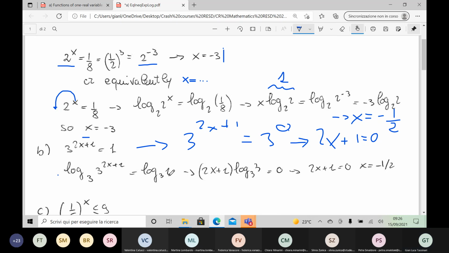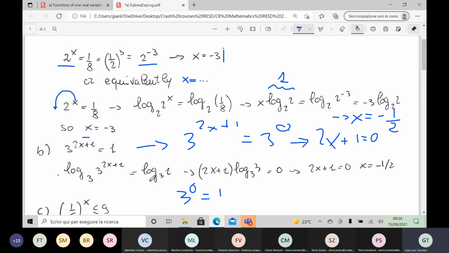Why? Because remember, which is the definition of the logarithm? Only to review. It is the exponent you have to give to the basis to get the argument. Which is the exponent you have to give to the basis 3 to get 1? It is 0.